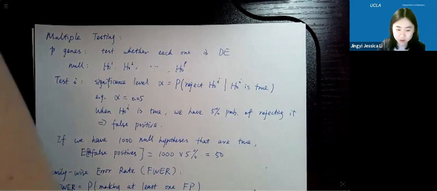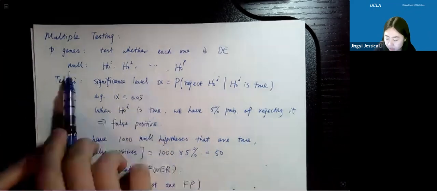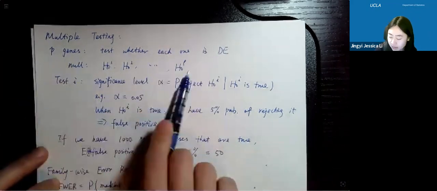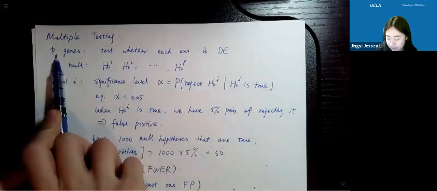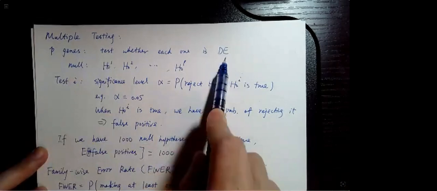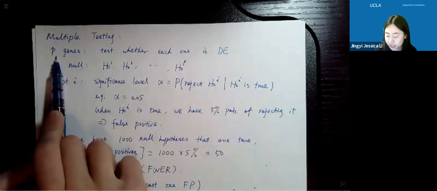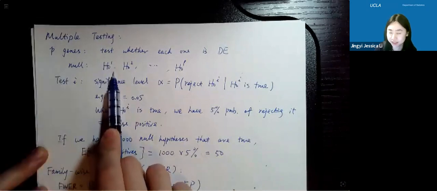Now let's continue our discussion about multiple testing. The context is that we need to do multiple tests simultaneously, or in parallel. For example, in the detection of differentially expressed genes, DE genes, we need to test P genes in total. Each gene has its own hypothesis to be tested.